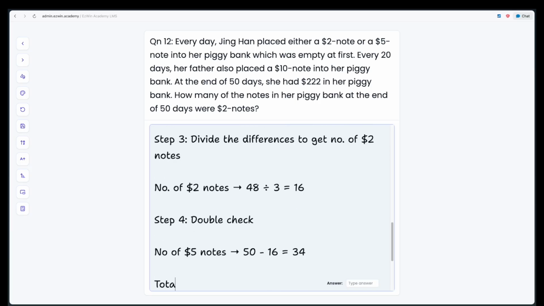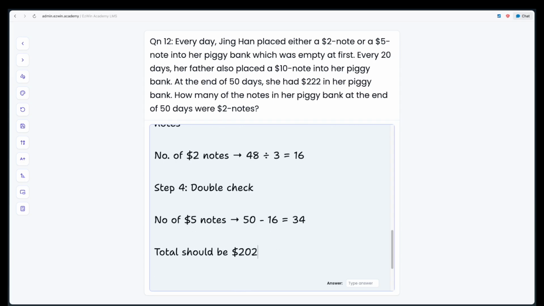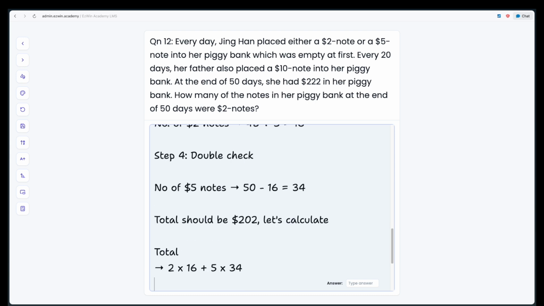The total should be $202, so let's calculate. The total is equal to 2 times 16 plus 5 times 34.